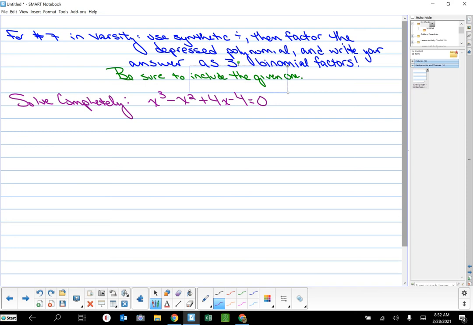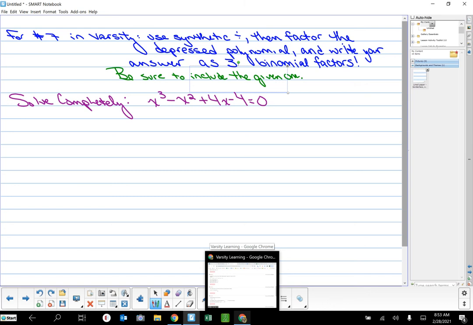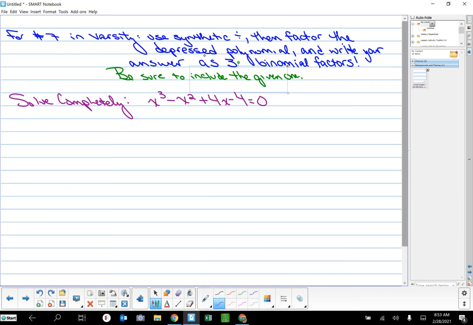I think that's all it says. Let's go pop over to, now this is going to be a different one. It might say solve completely. Oh, maybe I'm just telling you this in general for number 7: use synthetic division, factor the depressed polynomial, and write your answer. Be sure. This is a totally different question here for this one.